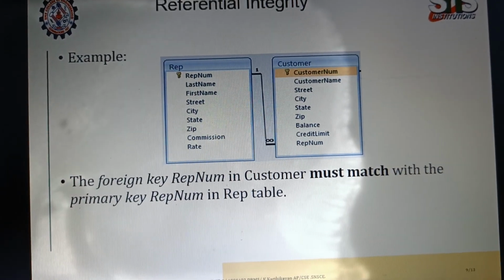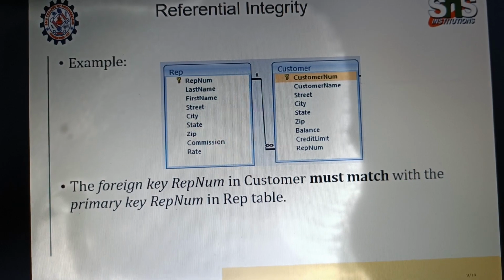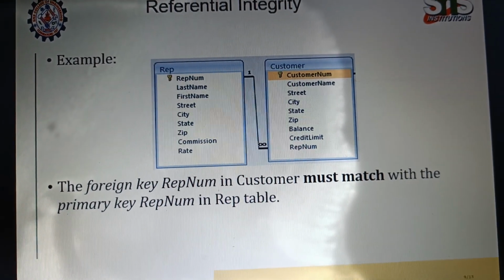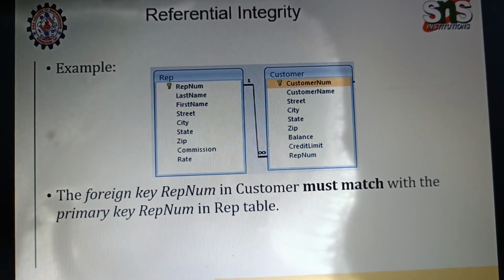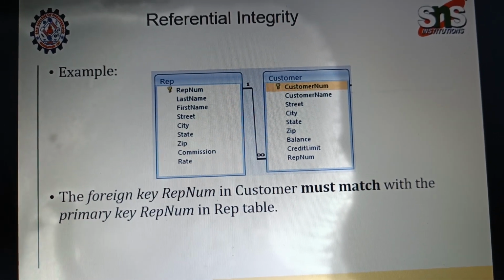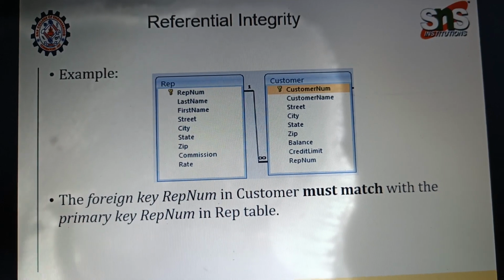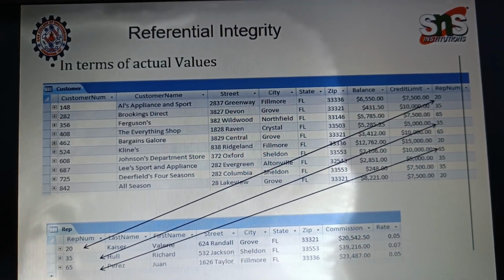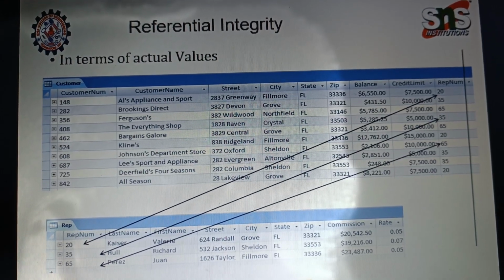And next is referential integrity. Referential integrity is nothing but how we match two relations with the help of a foreign key. Here we are using the representative number for joining these two tables, the customer and the representative. This is how we are mapping the values.